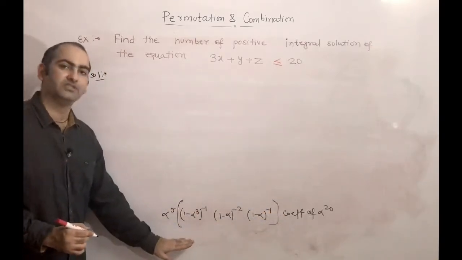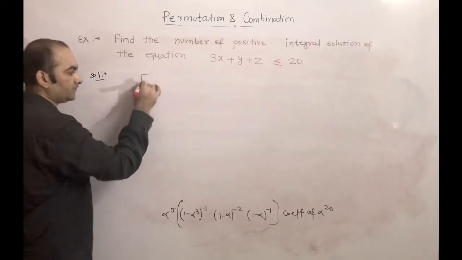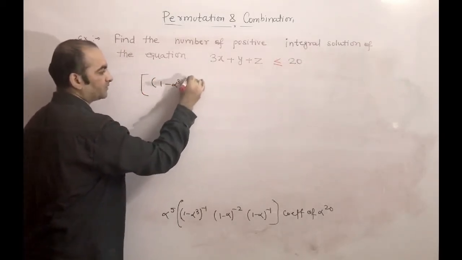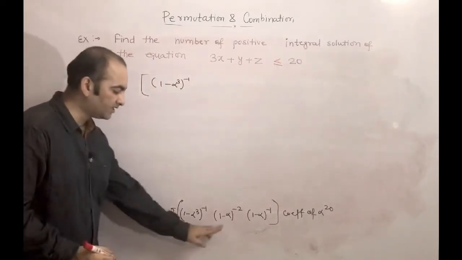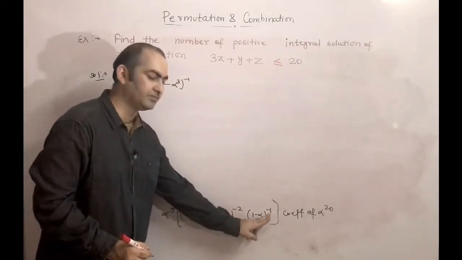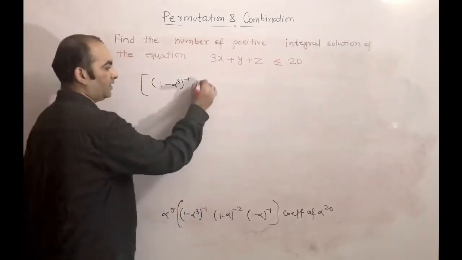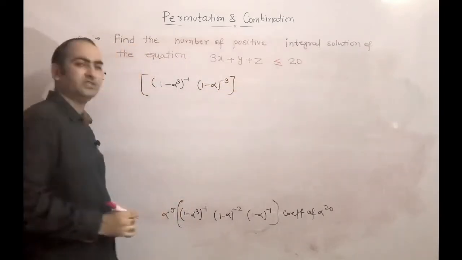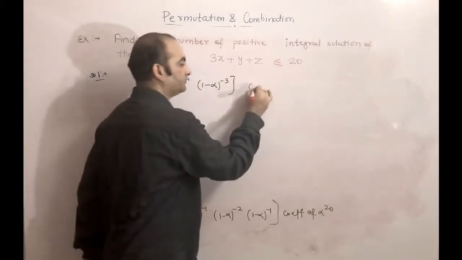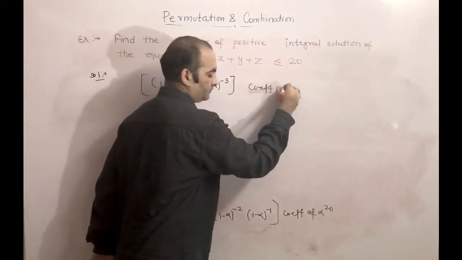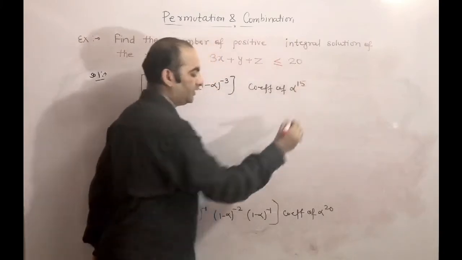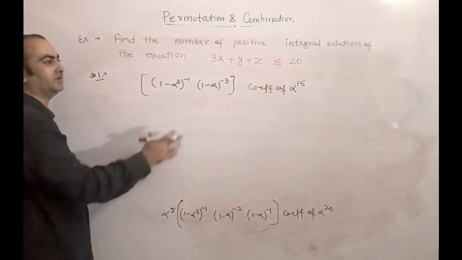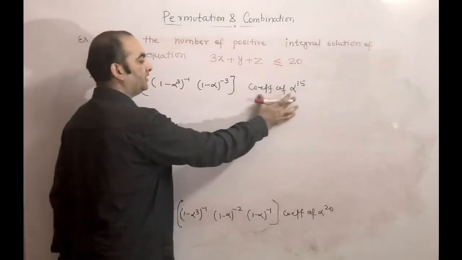So this 1 minus alpha cube to the power minus 1, and 1 minus alpha to the power minus 2, and 1 minus alpha to the power minus 1, together we can write as 1 minus alpha to the power minus 3. In this equation we have to find out the coefficient of alpha power 15.